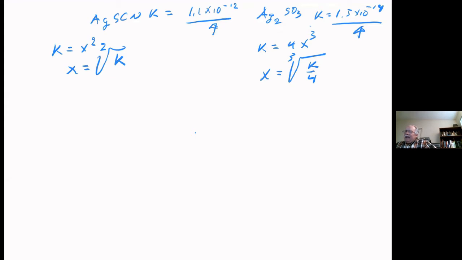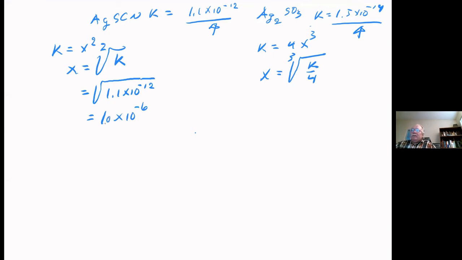And in reality, when you take a cube root, the solution becomes larger. You'll see this in a second. If I take the square root of 1.1 times 10 to the minus 12, that's of the order of 10 to the minus 6. In fact, it is 1 times 10 to the minus 6. I guess I should put a 0.0 there.